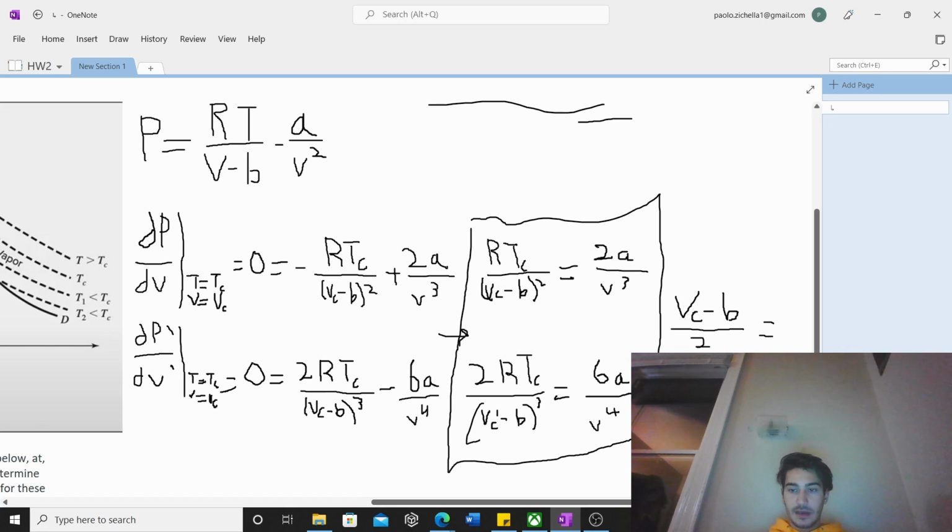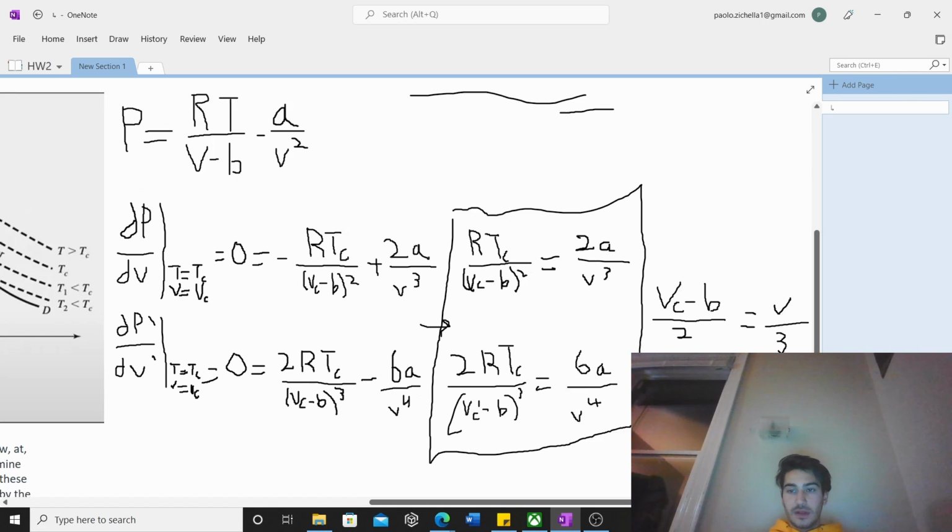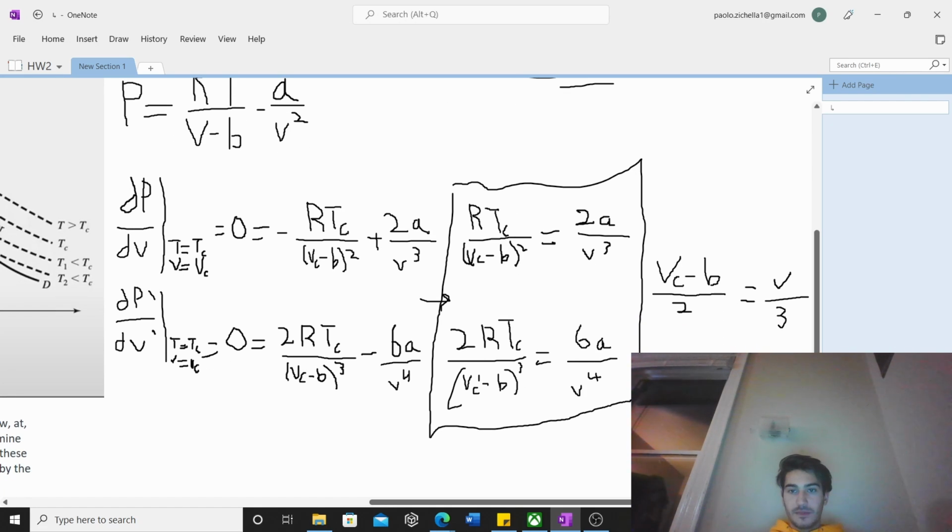The right hand side, instead of 6a over v cubed, we have v to the 4th all over 6a, so this becomes v all over 3, because multiplying these out, we get 2a over 6a, which is only 3. And now we can start solving this simple equation that we have.